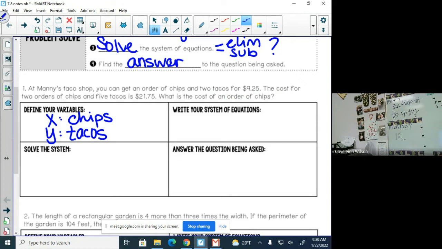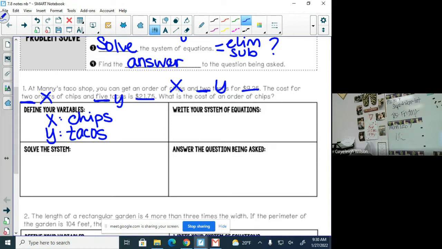What did I call chips? X. And 2 tacos. What do I call tacos? Y for $9.25. The cost for 2 orders of chips. What do I call chips? X. And 5 tacos, Y, is $21.75. So there's my 2 equations right there.